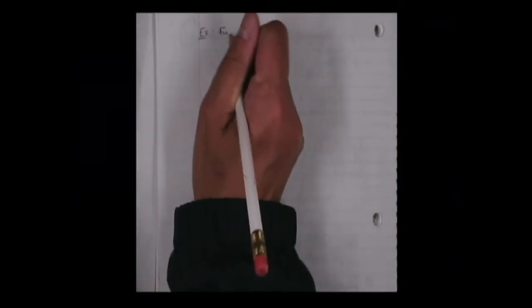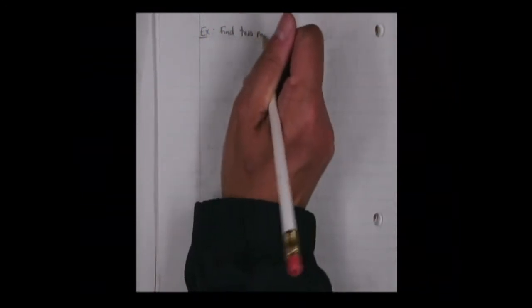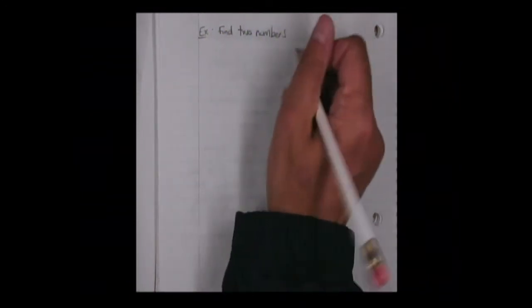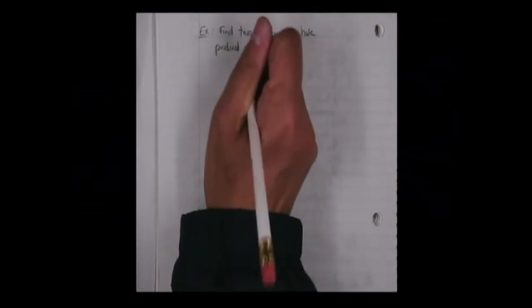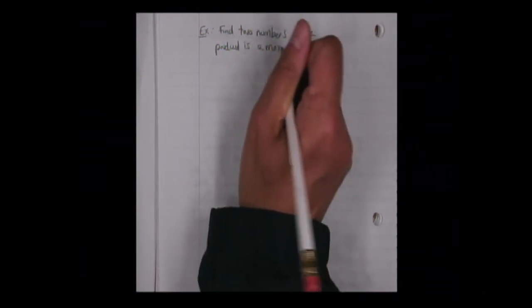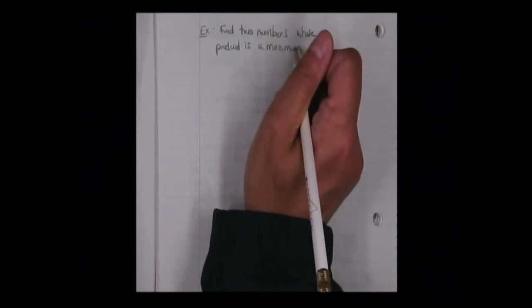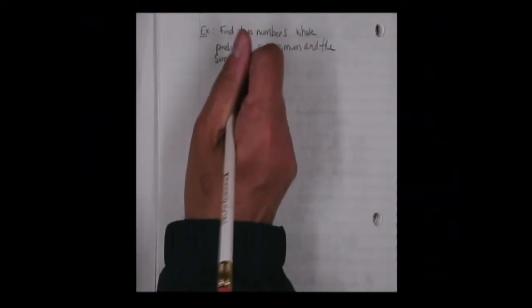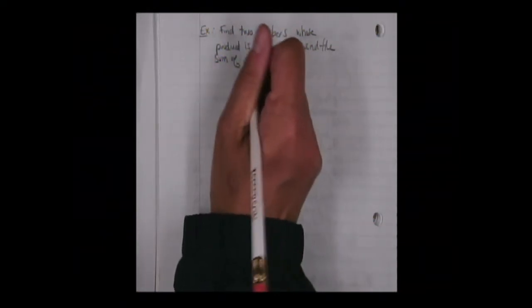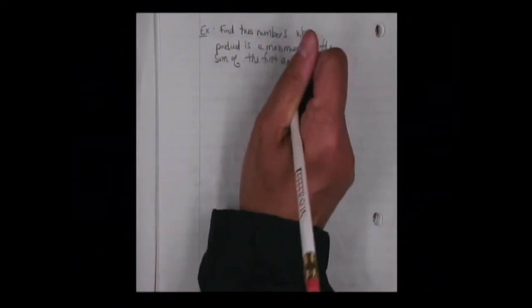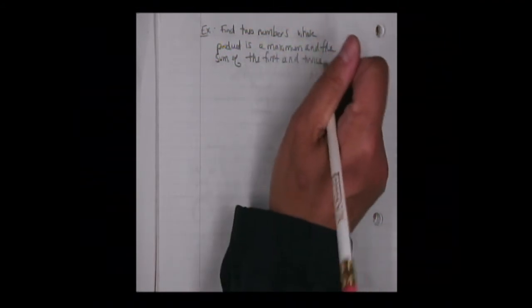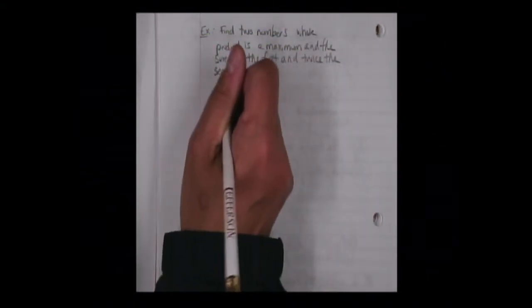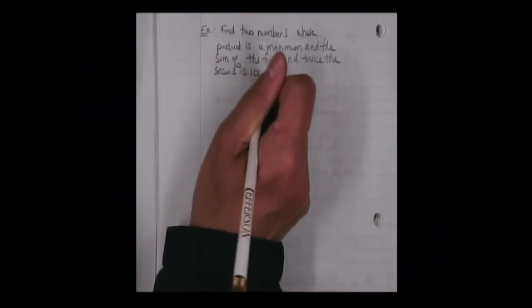What I would like to do is find two numbers whose product is a maximum and the sum of the first and twice the second is 100.